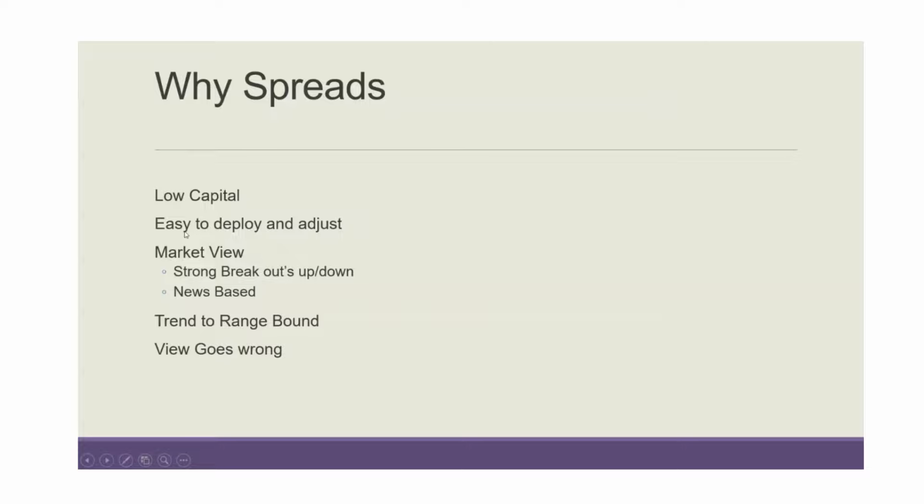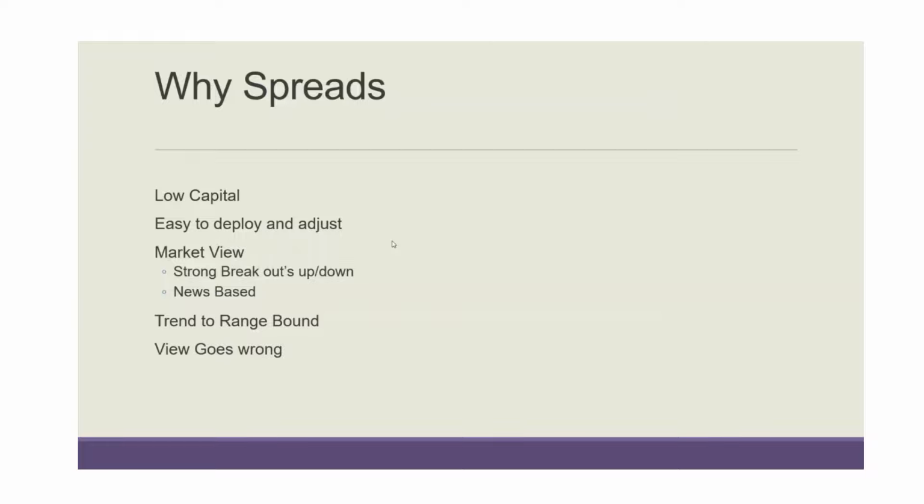Other reasons why we go for spreads: it's very simple to deploy and adjust these spreads compared to other complex option strategies. And based on market views, we can create different spread types. We'll see how we do that. If there is a breakout, or news-based trends, we have different spread types.